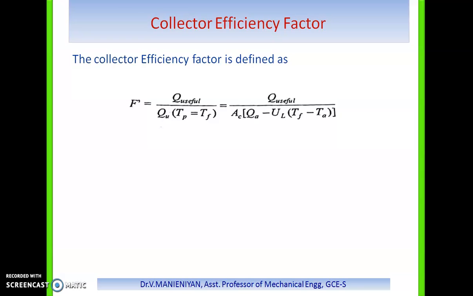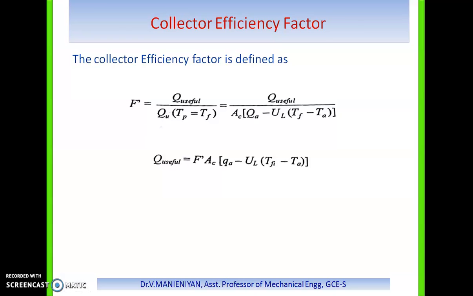So when the absorber plate temperature Tp is replaced by the fluid temperature, it can be written like this, and F' is the form of the efficiency factor.